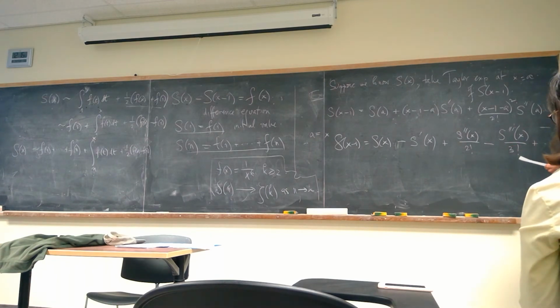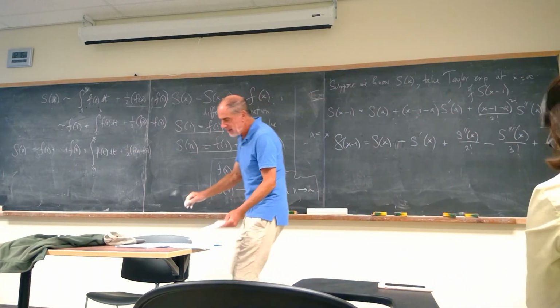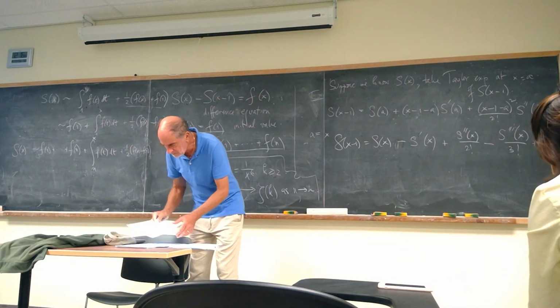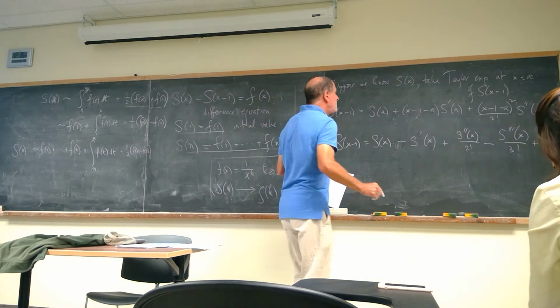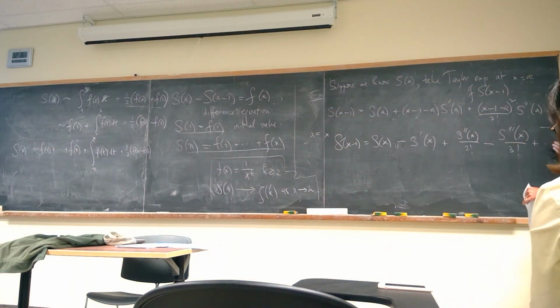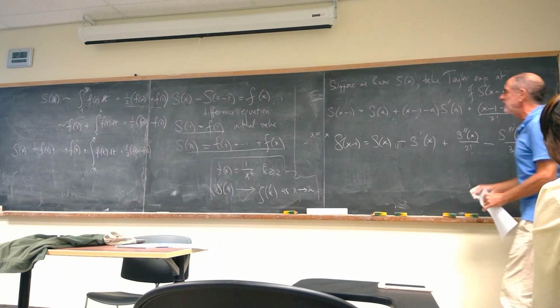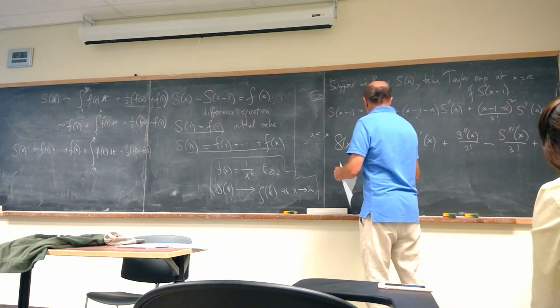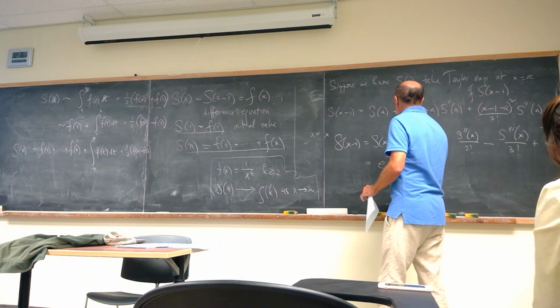And so he rewrote this. Notice that we see the power series of the exponential function coming in as an operator. So suppose I wrote it as e to the minus d by dx of s of x.